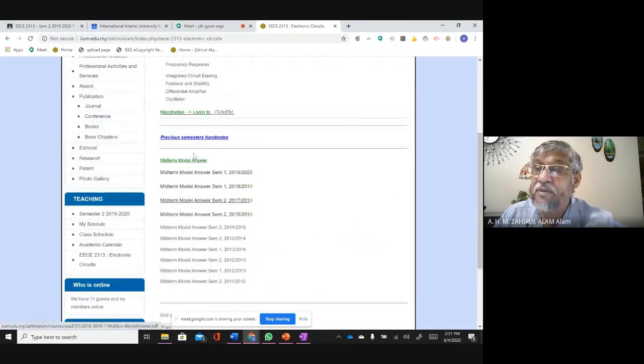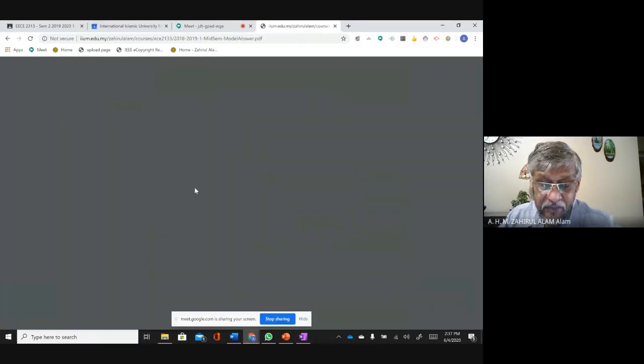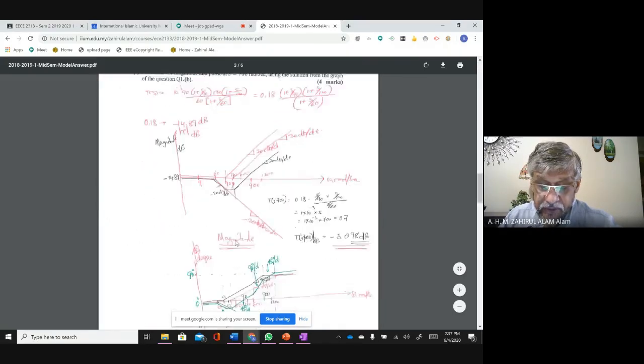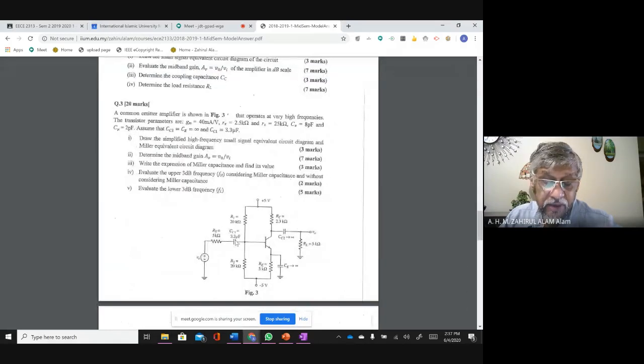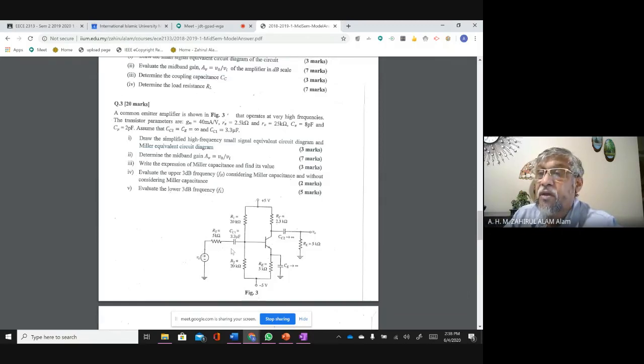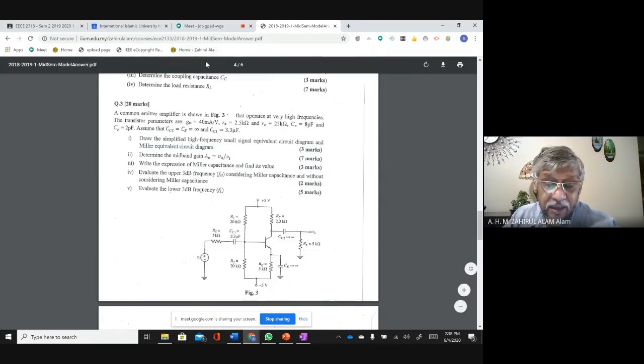Then there are midterm questions and model answers. If you click this one, midterm model answer, then go to this problem. The problem mentions this is a common emitter amplifier, and the parameters are given. Draw the simplified high frequency small signal equivalent circuit diagram and the Miller equivalent diagram.